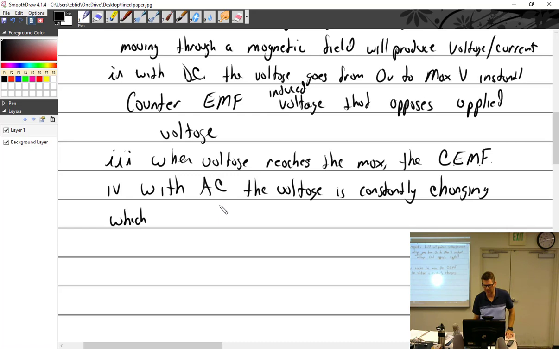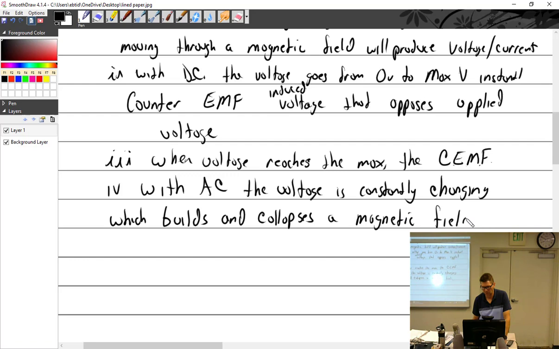With AC, the voltage is constantly changing, which builds and collapses a magnetic field around the wire.